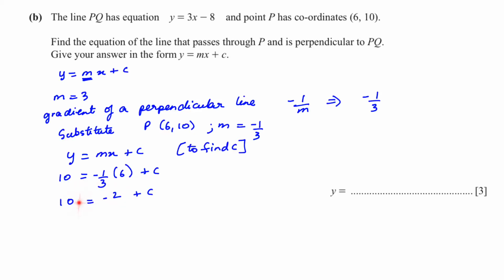The negative 2, when it comes to the other side, will be positive 2. So 12 is c. Now that you have got your gradient and your c, you just replace it. So you will get y is equal to negative 1 over 3x plus 12. And that is the equation of the line that passes through P and is perpendicular to PQ.